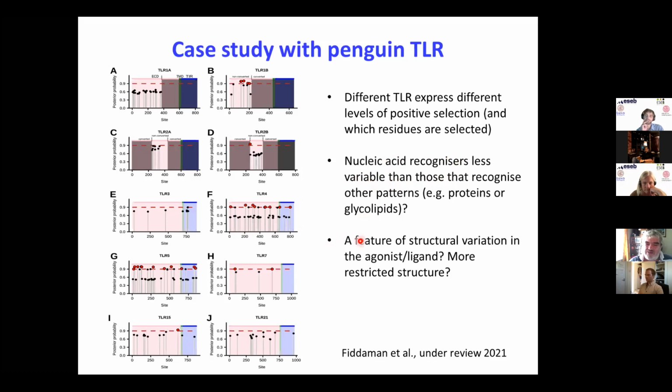Rather than a feature of the strength of selection in these situations, I think in many ways this is probably a feature of the variation in the agonist or ligand, where non-nucleic acid-based agonists can vary quite widely compared with nucleic acid-based agonists, where there's more restricted structure and probably more restricted residues that can change to alter recognition.